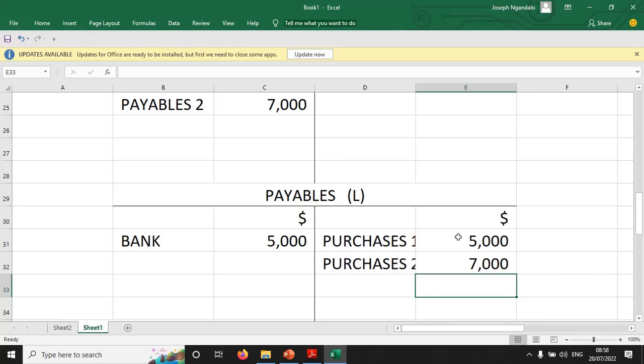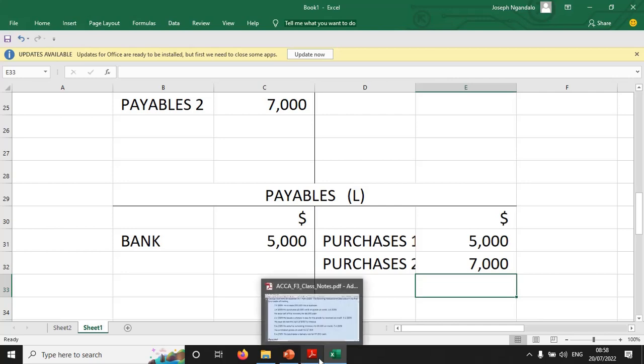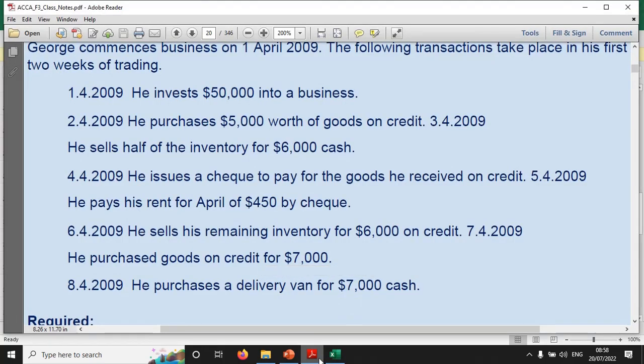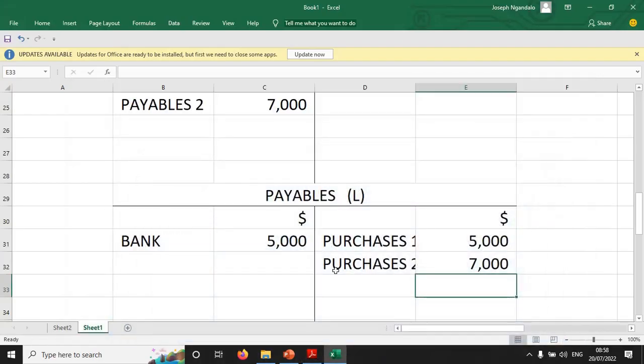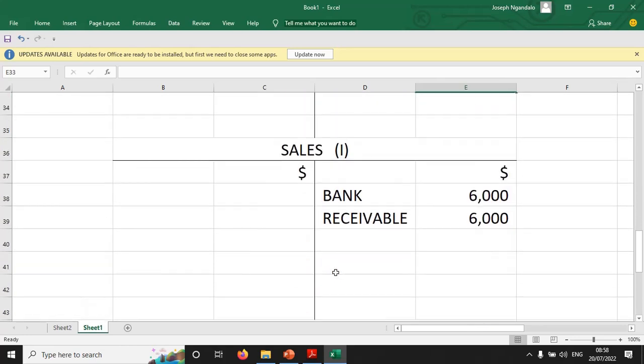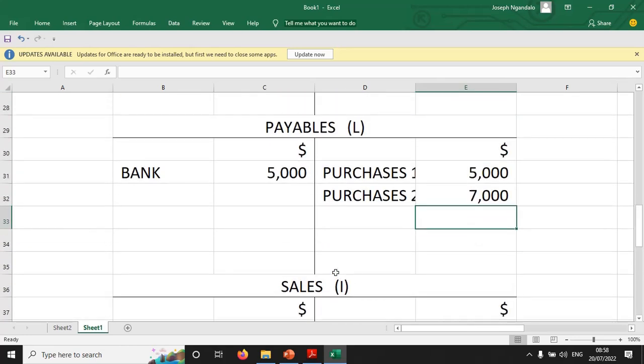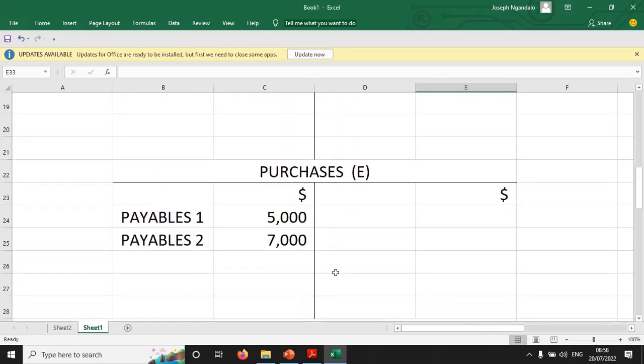Van is the next thing that was bought. How much? 7,000 cash, right? You can see already there's a problem. Eh?